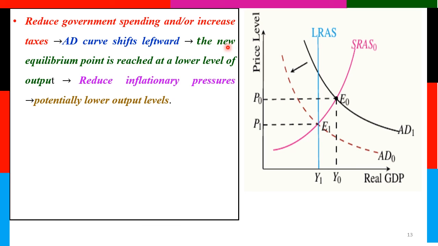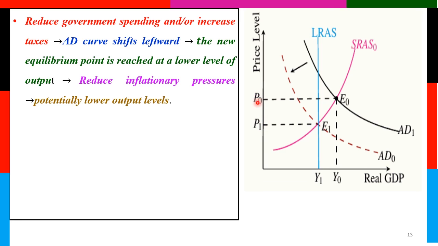The new equilibrium point is reached at a lower level of output. Here, output is decreasing toward the potential GDP. Reduce inflationary pressure. Yes, it is true. At this point, price is P0. When the demand curve shifts inward, the price also shifts to this point, here P1. So the price is what?